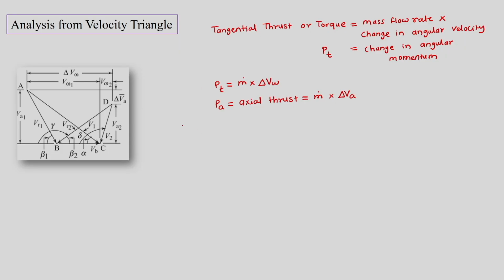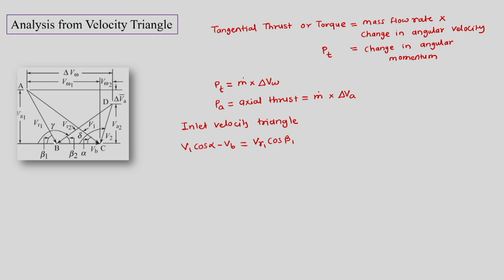Let us consider the inlet velocity triangle. From the inlet velocity triangle, we can see that V1 cos alpha minus Vb is equal to Vr1 cos beta 1.